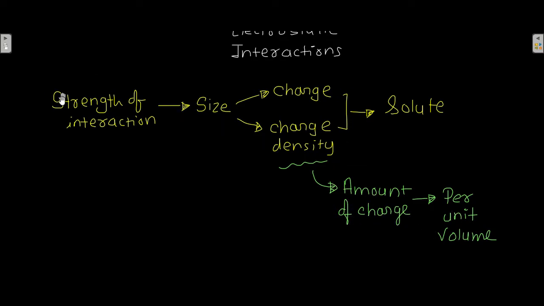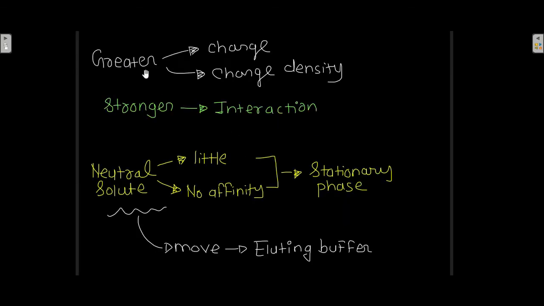The greater the charge or charge density, the stronger the interaction with the stationary phase. Neutral solutes show little or no affinity towards the stationary phase, as they are neutral, and they move with the eluting buffer.